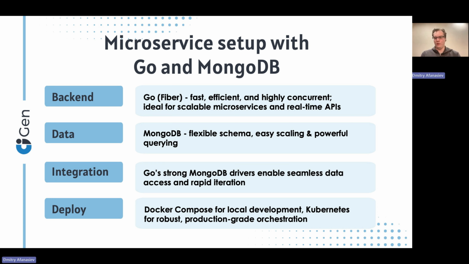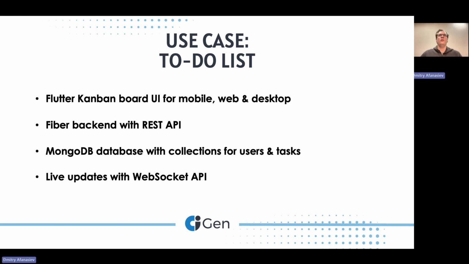And then once you have your system set up with multiple microservices, you can use Kubernetes for orchestration and for controlling the operations of your backend service. So let's move on to the demo.